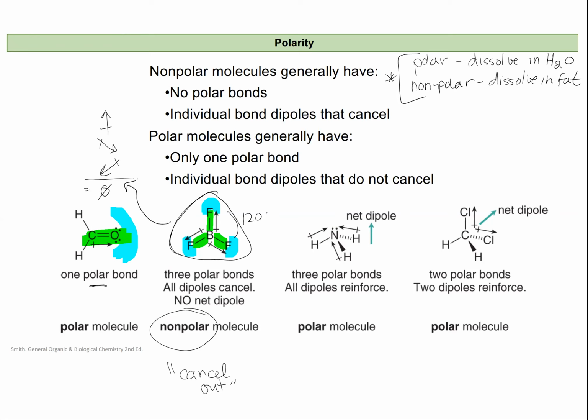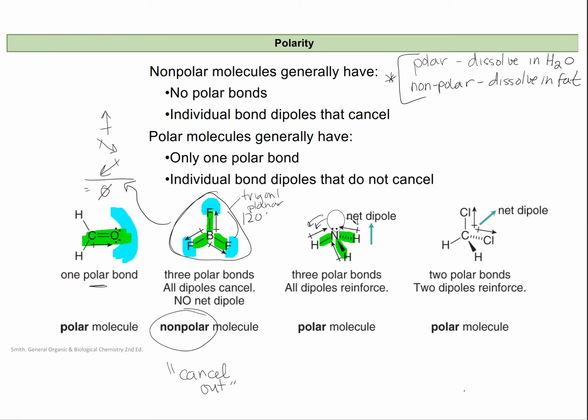Let's look at another one that has 3 polar bonds. Let's look at NH3, and those nitrogen-hydrogen bonds are all polar. But there's this electron cloud from the lone pair that pushes all of these nitrogen-hydrogen bonds down. And so we don't have this trigonal planar geometry we had for our BF3, which means that these dipole moments don't actually cancel out.